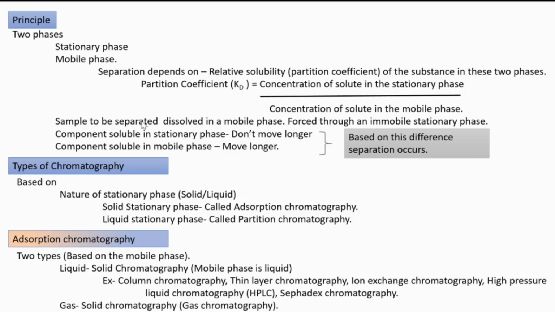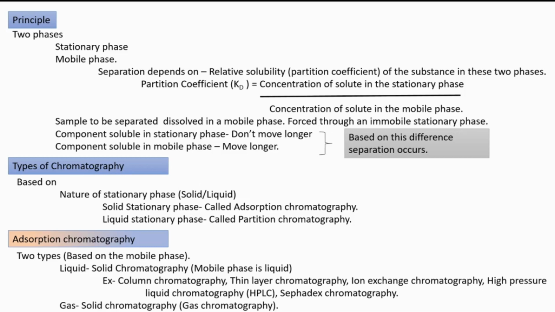Then we need to understand another property. Whatever the mixture that we need to separate, in the beginning of the procedure, we need to dissolve it in the mobile phase. And after dissolving that substance in the mobile phase, we pour it down through the immobile stationary phase. Understand?